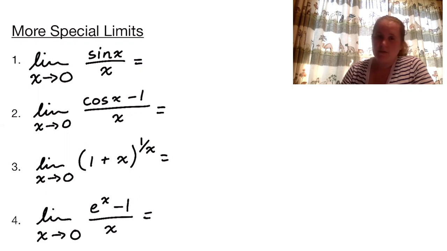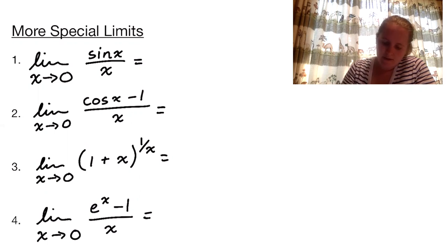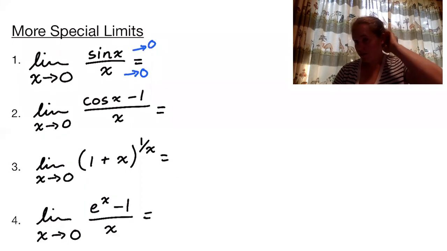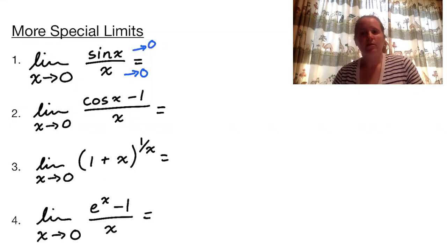So the limit as x goes to 0 of sine x over x, the top and the bottom here would both go to 0. So we have a 0 over 0 situation. And usually if we do 0 divided by something, we'd get 0. But we also know that when we divide by 0, we go to infinity. So we have a 0 and an infinity messing with each other.